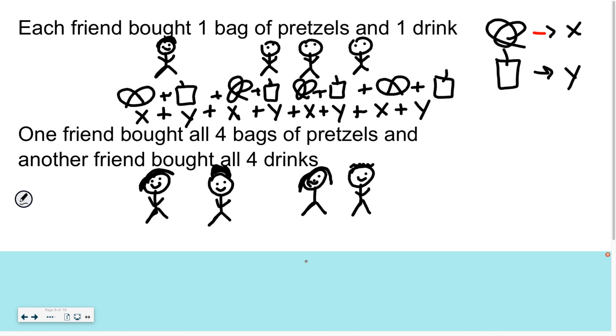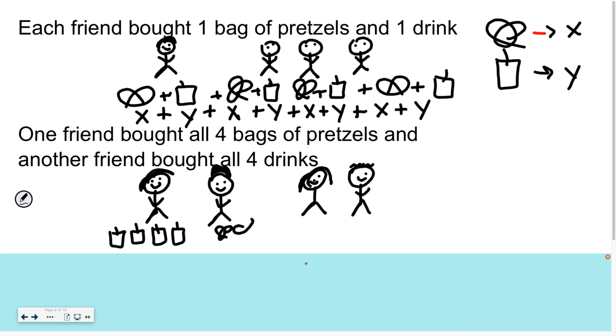Okay. So I'm going to buy all the drinks, and Brian's going to buy all the pretzels. What's this going to look like? Again, I'm clearly not an artist. And then Leslie and Braulio aren't going to buy anything, because we treat. What does this look like in terms of variables?